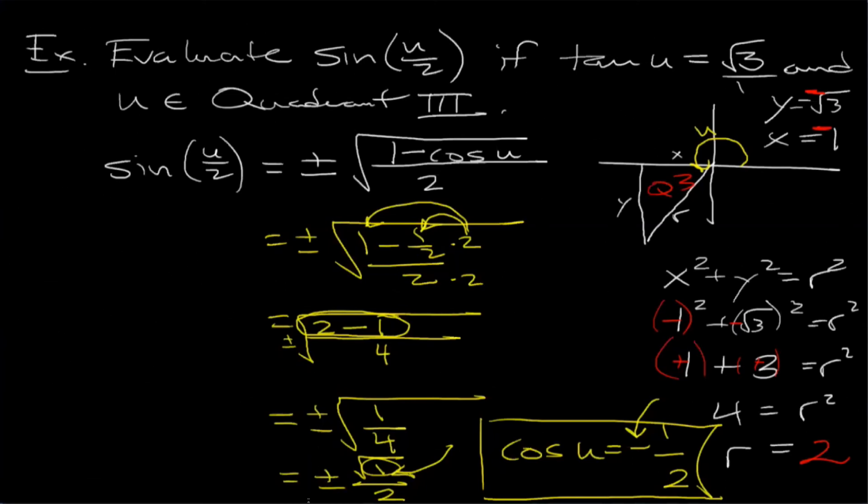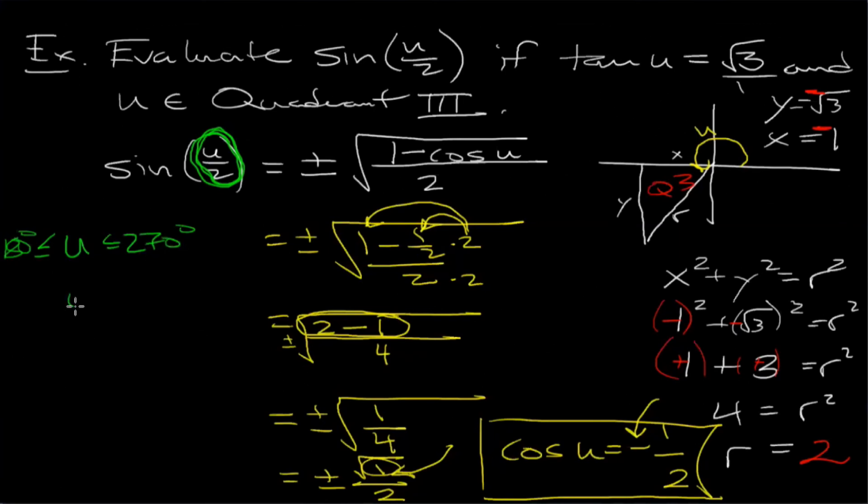But I need to know whether the answer is positive or negative, and that's the last place where people make mistakes, because they forget that now I'm not looking at angle u anymore. For the final answer, I'm looking at u over 2. And if u is in quadrant 3, that means u is between 180 and 270.